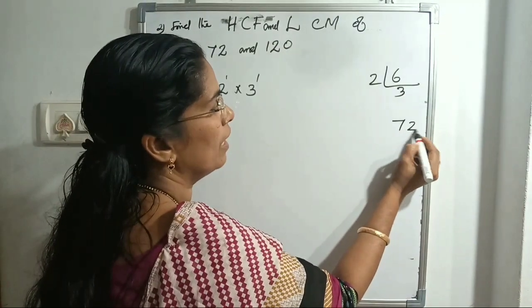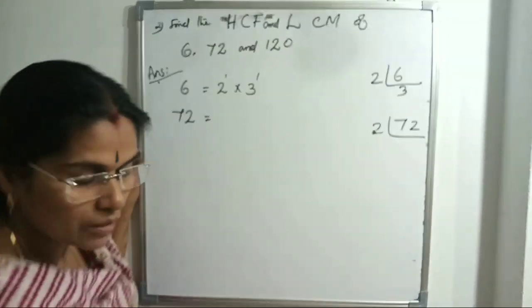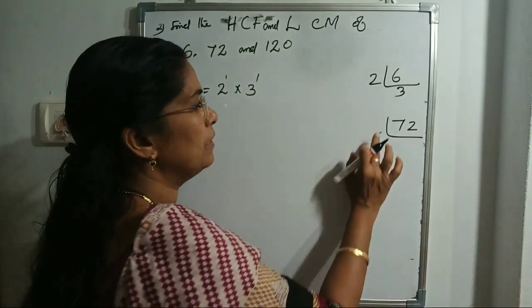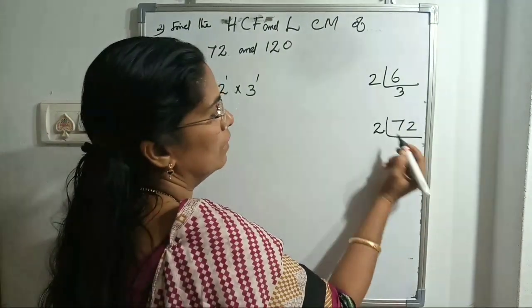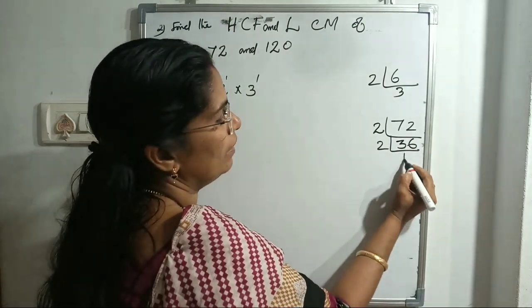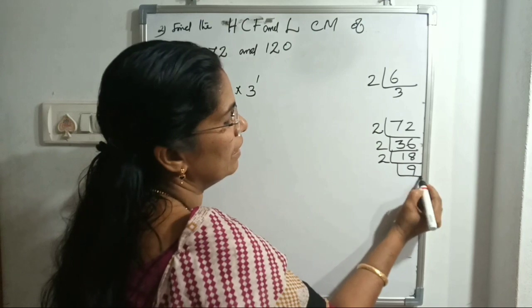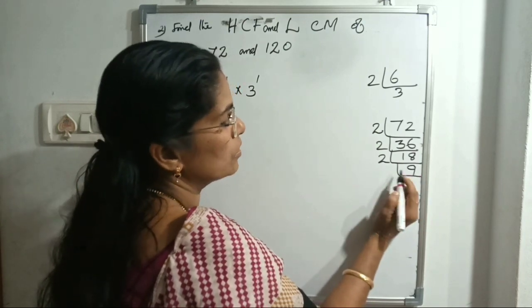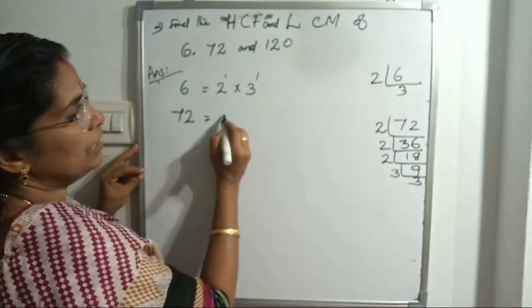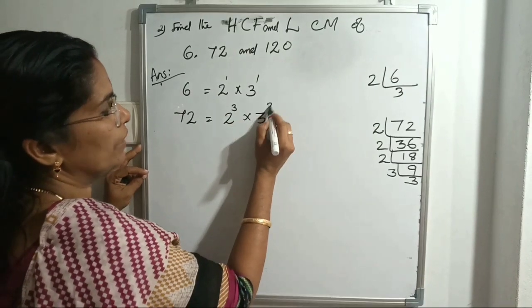Again we divide with 2, the smallest prime number. If it is possible, you divide with 2. So 36. Again with 2, 18. Again with 2, 9. Again with 2 is not possible, so we divide with 3 and get 3. So 72 we can write as 2 cube into 3 square.